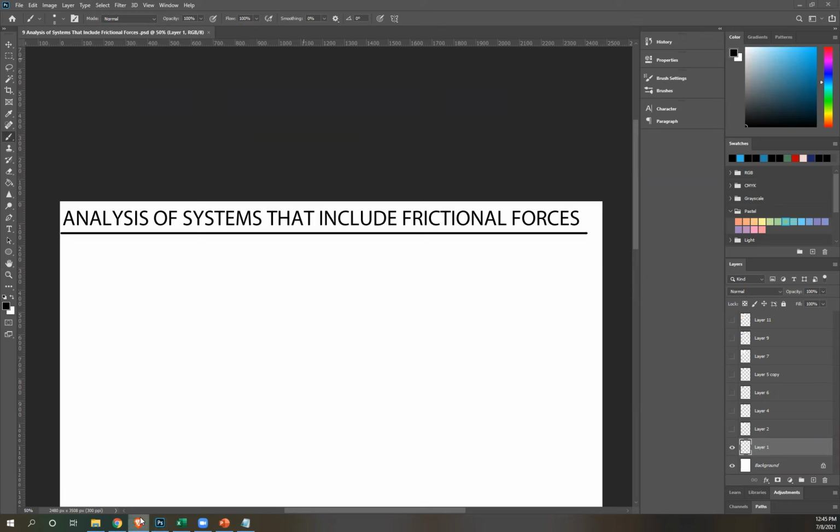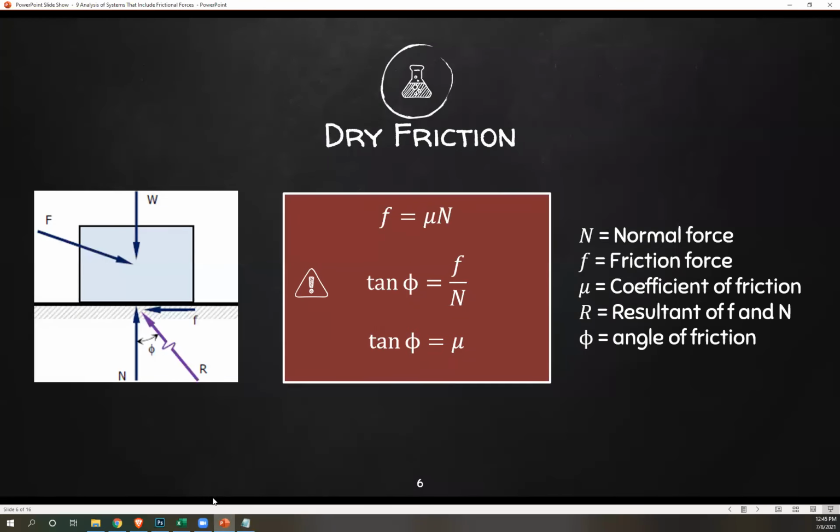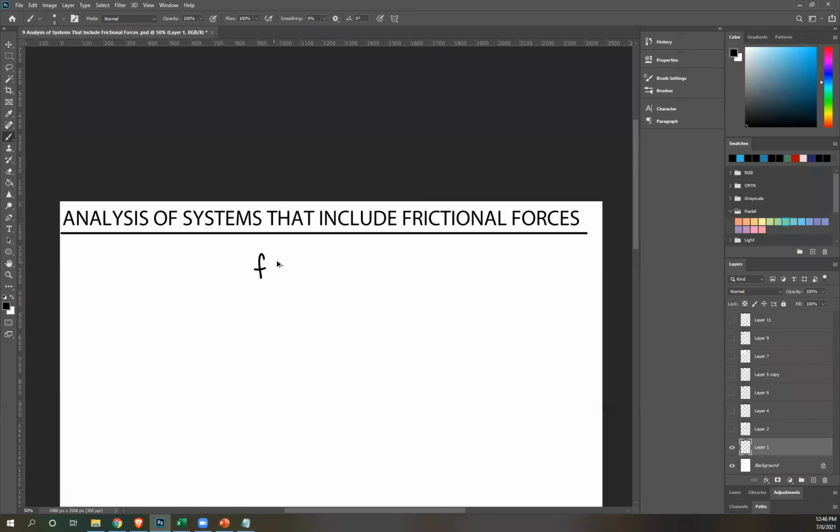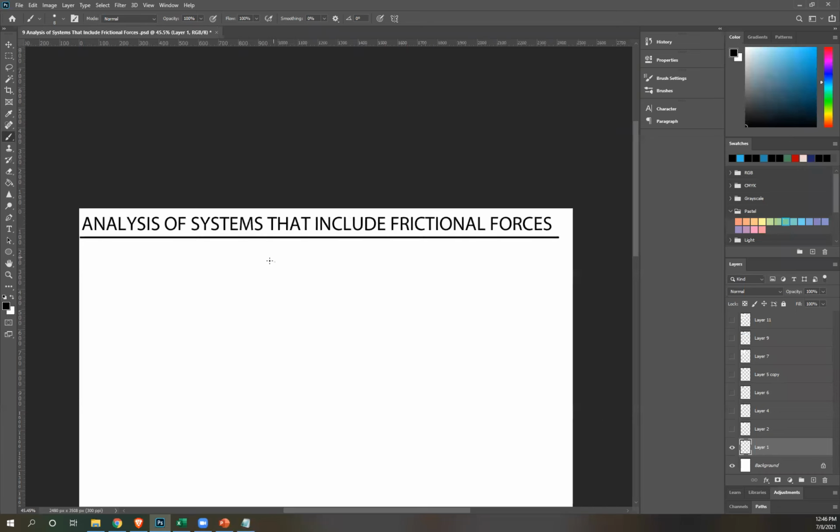So according to laws of friction, friction is actually directly proportional to N. So F is directly proportional to N. And remember from your math class, how do we get an equation out of that?